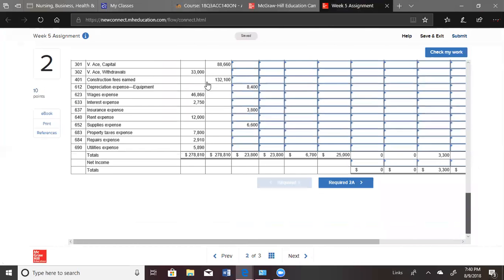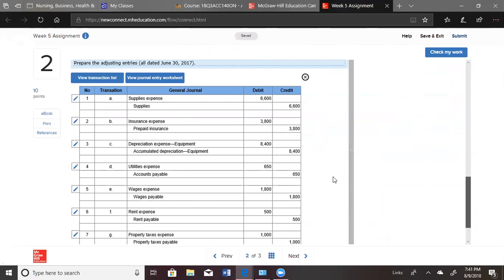Supplies expense, insurance expense, depreciation accumulated. Utilities expense $650 and accounts payable $650. So just do one of them at a time. You've got utilities expense as a debit for $650. Just do that one. Okay. Debit for $650.